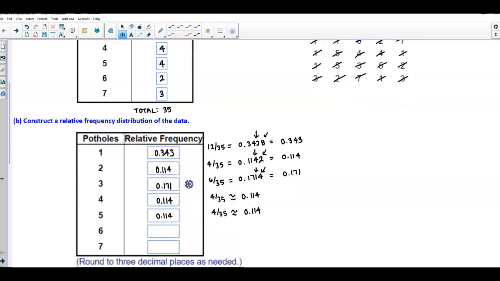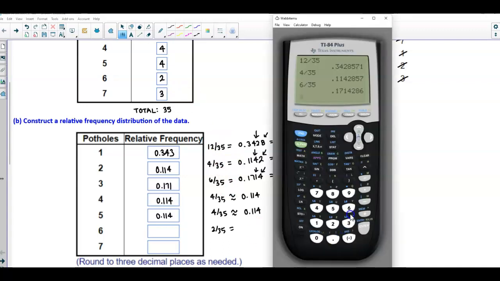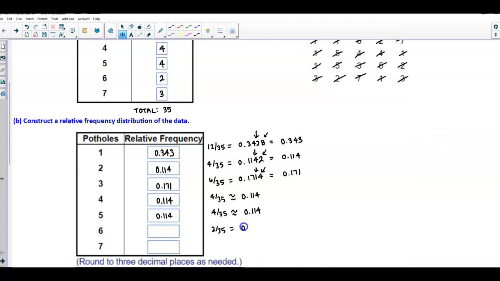Now we have 2 out of 35, so let's find that out. 2 out of 35 gives us 0.0571. This is our rounding digit. This is our testing digit, which means we keep it the same, 0.057.